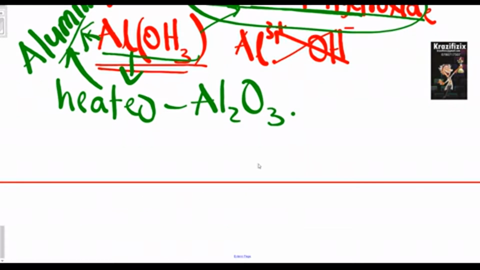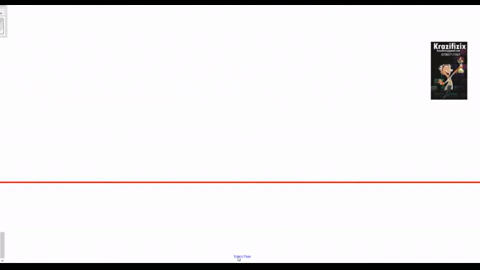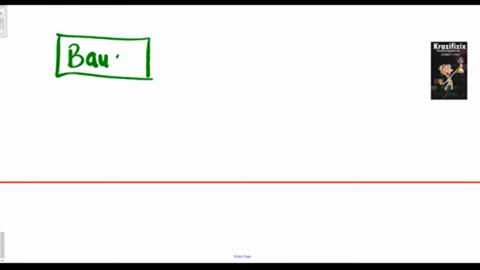If I want to represent this in a flow chart, let's do this. What do we have? We have bauxite. And what happens to bauxite?